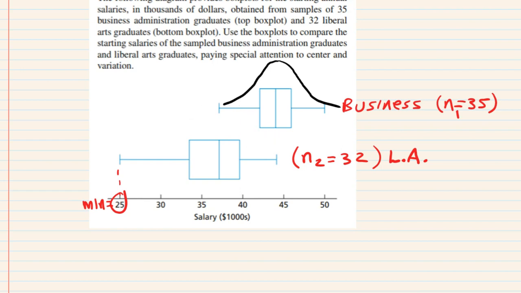Again, one implication of that is the following. In a symmetric distribution, like this normal distribution, because it's symmetric, the median and average are about the same. So it looks like 44K, $44,000, is on average what the business major makes. That $44,000 is a good measure of central tendency because the data bunches around that value.